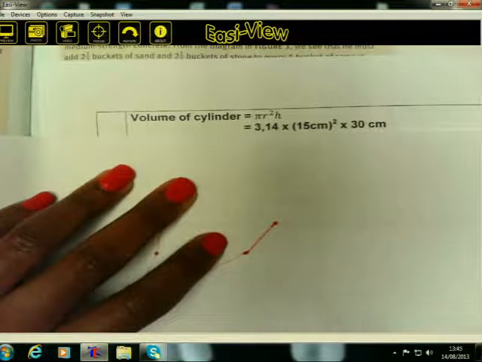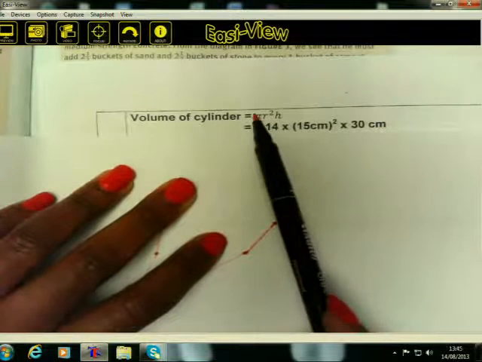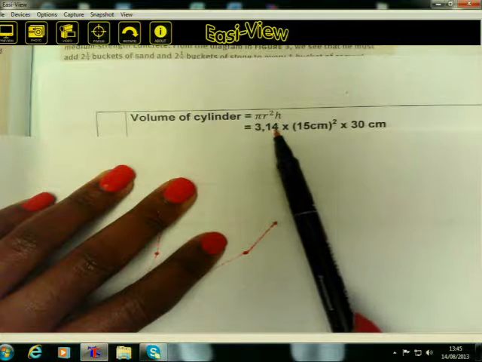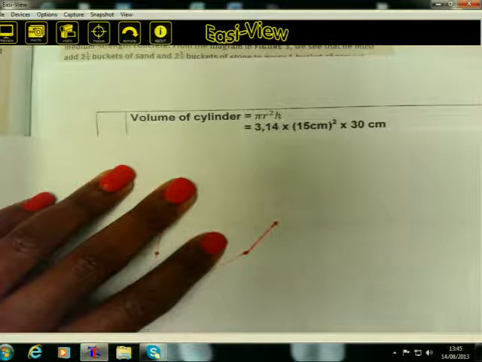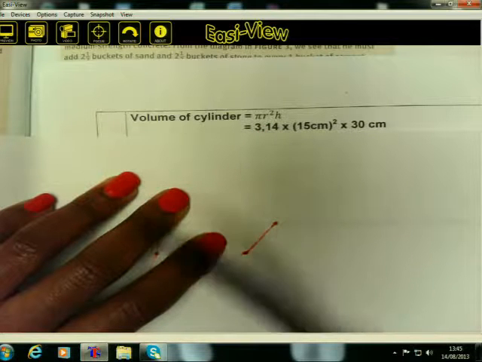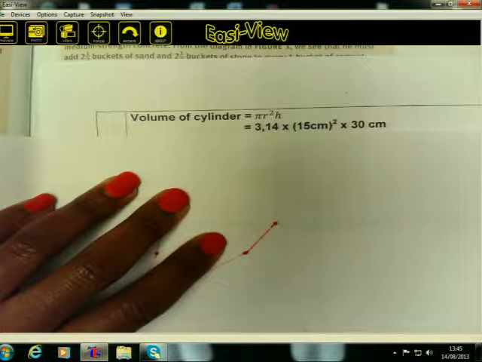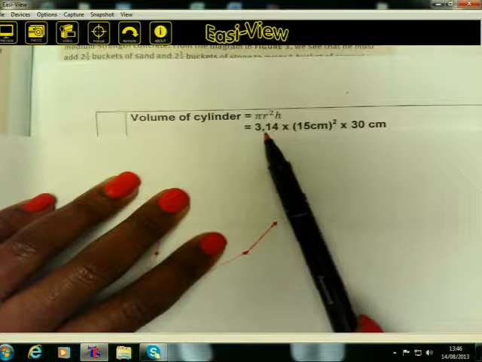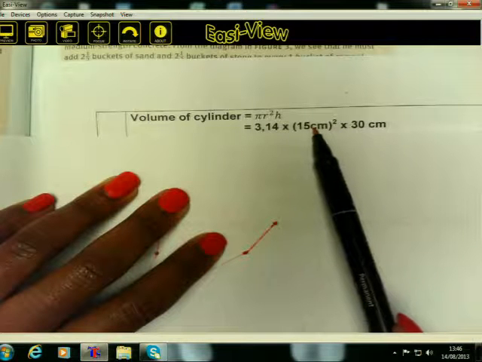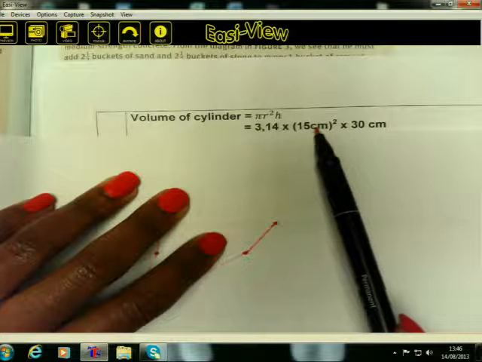There we substitute into our formula. Remember pi is a constant value, always given by 3.14. It will be indicated in your question papers which value to use for pi, and always we say use pi as 3.14. So pi is 3.14 multiplied by, remember the radius is 15 centimeters, not 30. 30 is the diameter.